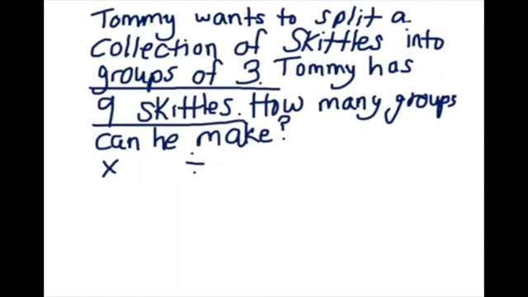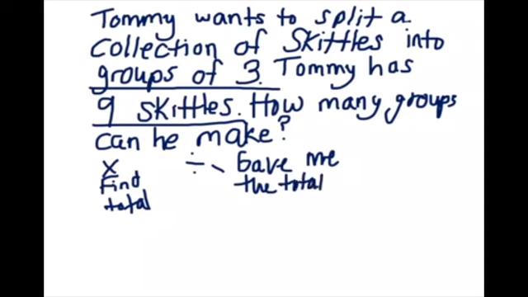How many groups can he make? So remember, for multiplication, that means if I'm going to multiply these numbers together, I need to find a total. And with division, they usually already gave me the total. And I have to find one of the other little numbers in a problem.